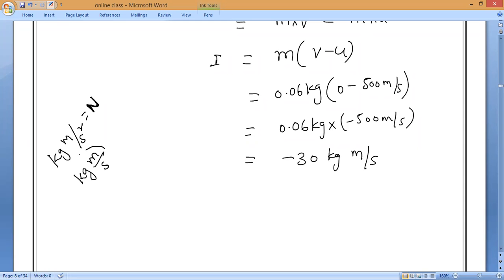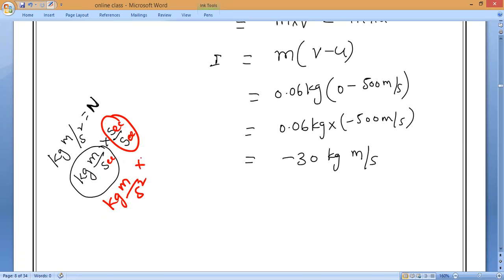Now I want to make it into Newton. I can apply a mathematics rule. Can I multiply numerator and denominator with a second? Is it right or wrong? Then it becomes kilogram meter per second into second, over second square into second.